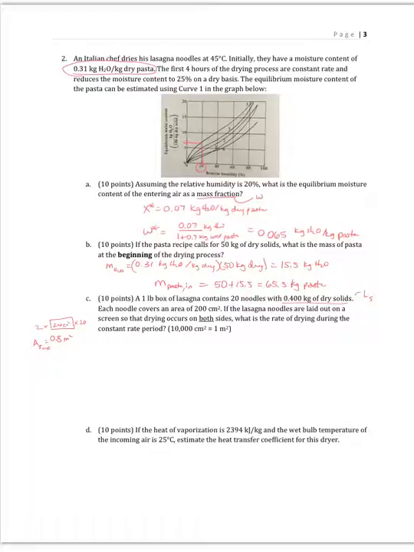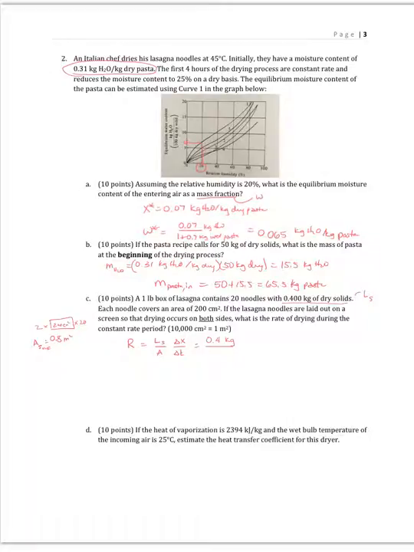So in this particular case, the rate formula, the definition of rate, is L_S over A delta X over delta T, and that is X the moisture content. L sub S is given as 0.4 kilograms. That's my total dry solids.